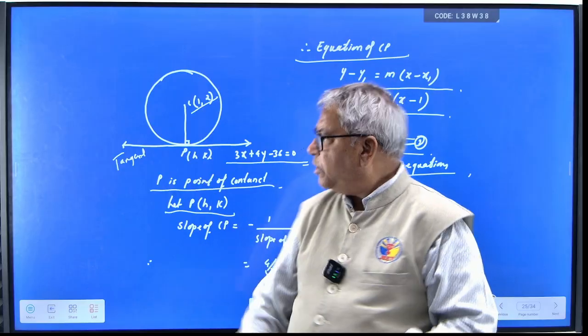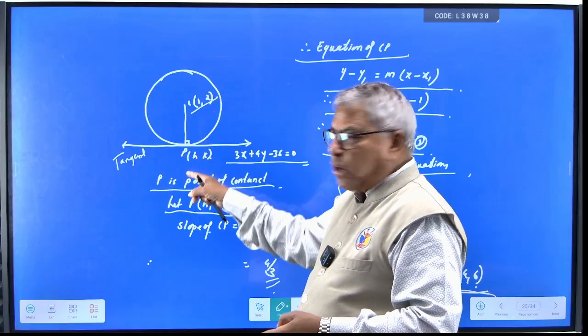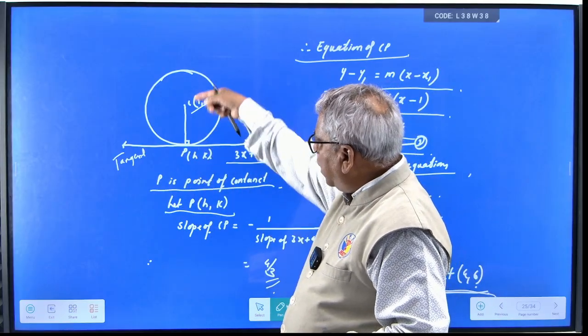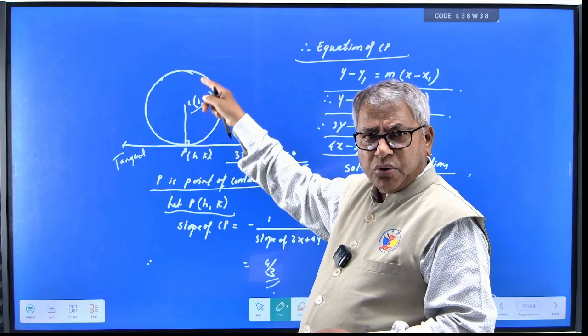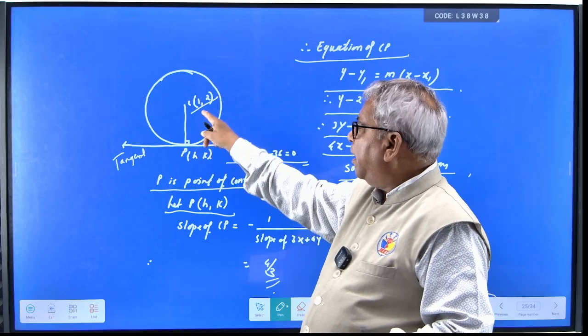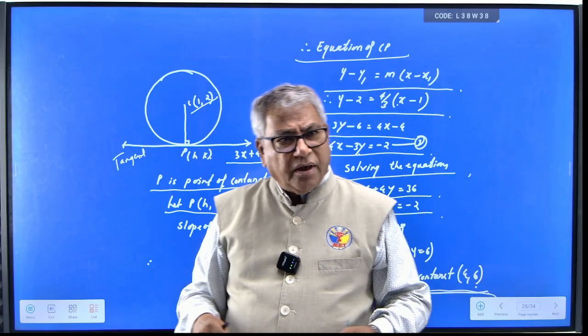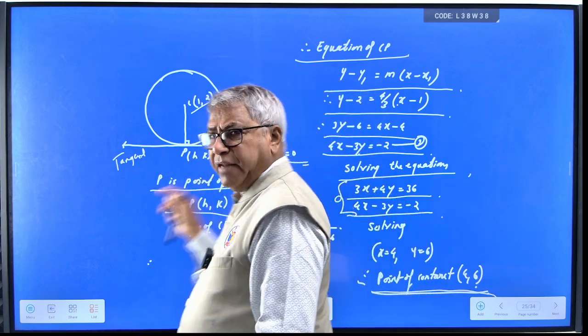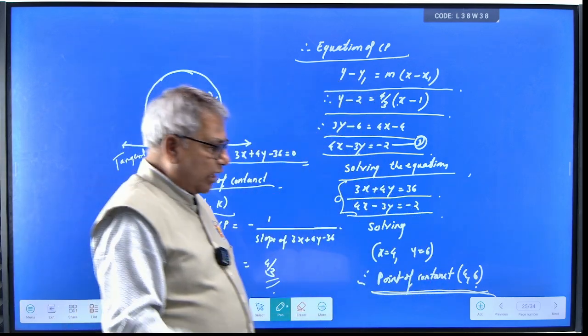Once it becomes a tangent, join CP. The slope of the tangent line, reciprocal and opposite, gives the slope of CP, since it is perpendicular. Once the slope of CP is known and the point is known, write the equation in slope-point form, get the equation of CP, solve the equation of CP and this line, and get the point of contact.